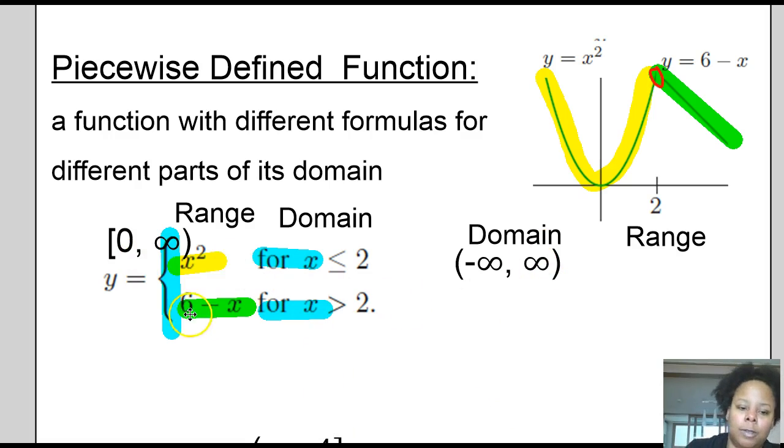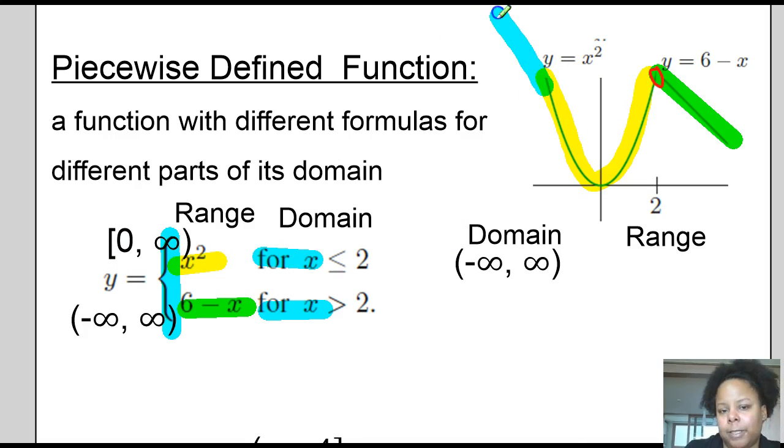And then I can say, oh, this part of the formula is a linear equation, and a linear equation has a range of all real numbers. That would be okay, but if you remember that we can only use x squared for x less than or equal to 2, that still holds that the range for this would be from 0 to infinity, because as we can see here, this part will continue on and on to infinity.